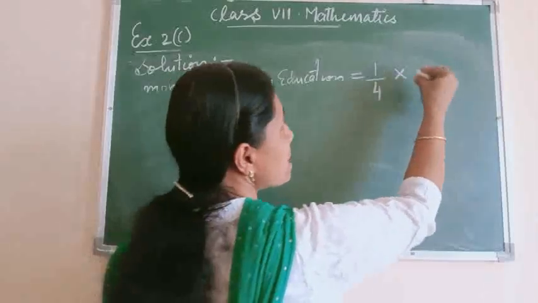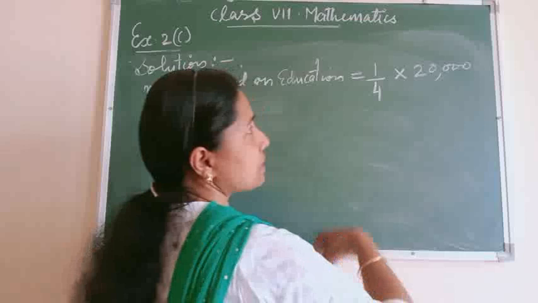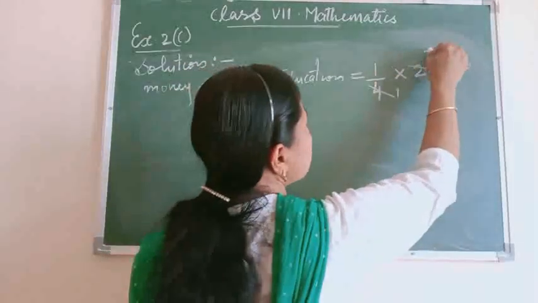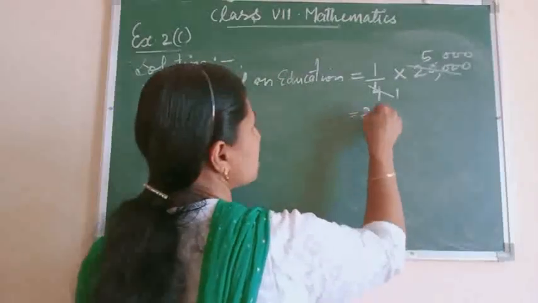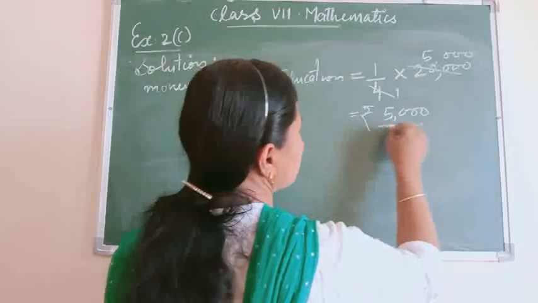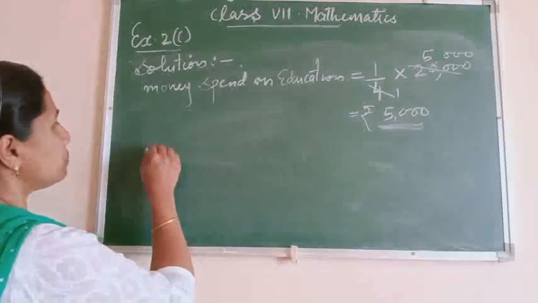Of means multiplication. Remaining money is 20,000. Here we can cancel this 2. Here 1, and 5 4s are 20, and it is 1,000. So money spent on education is rupees 5,000. This also we got. Then now we are finding money spent on food.